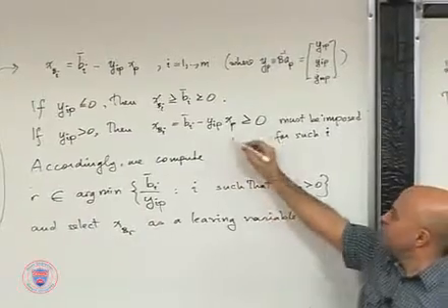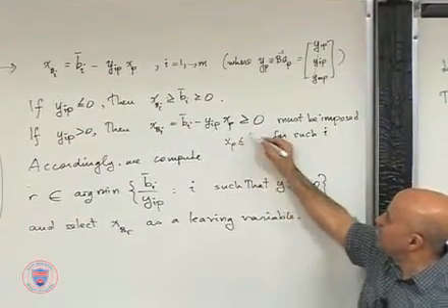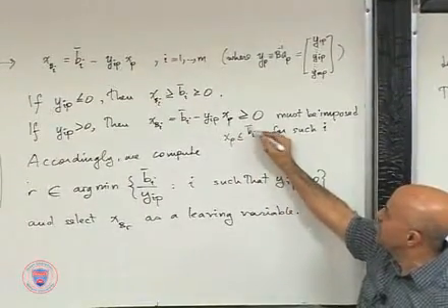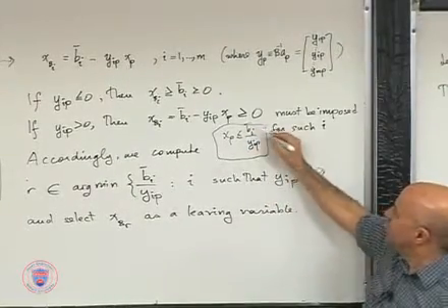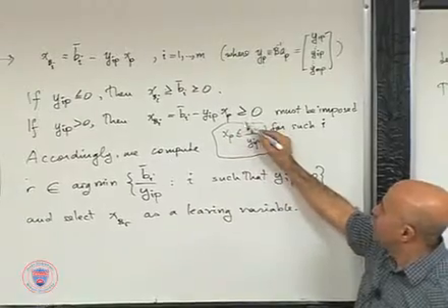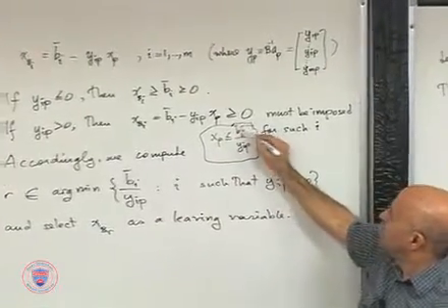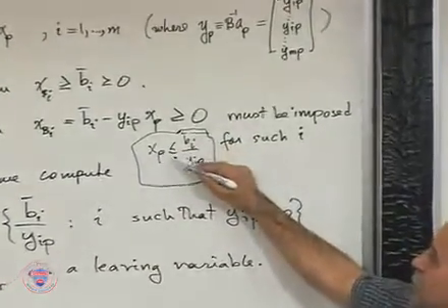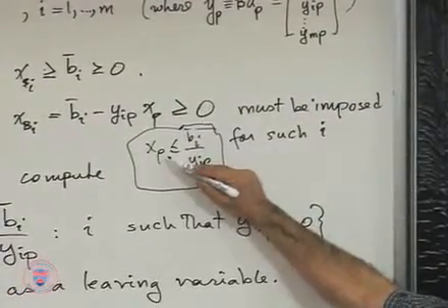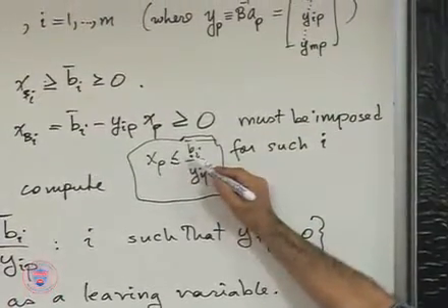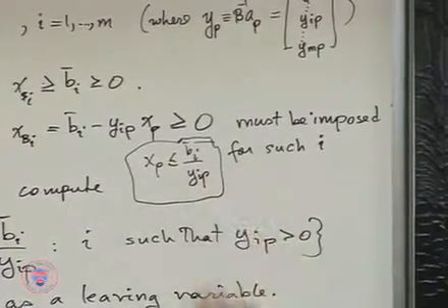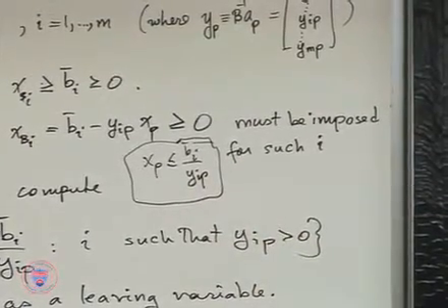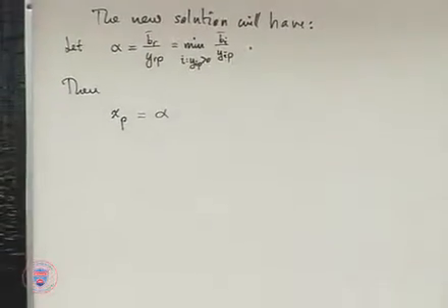So x_p is bounded above by every such ratio as long as y_ip is positive. As soon as you assign a value to x_p which is larger than the minimum ratio, you violate at least one of them. You don't want to violate any of them. So that's why the blocking occurs with the minimum ratio.